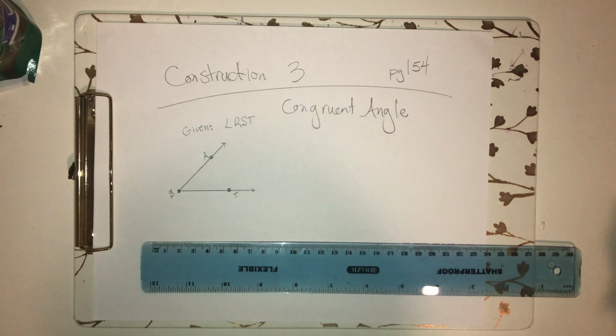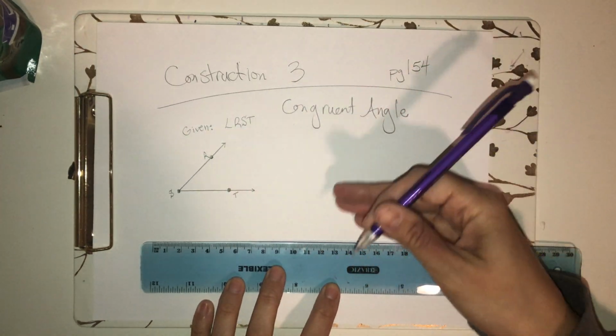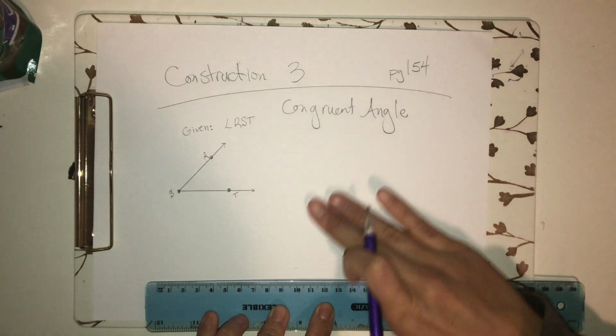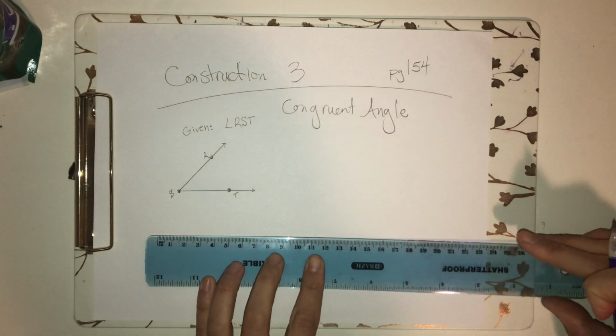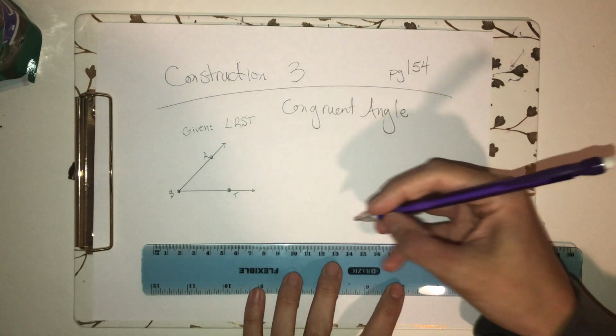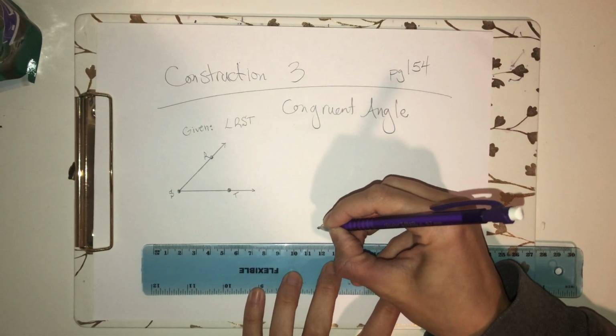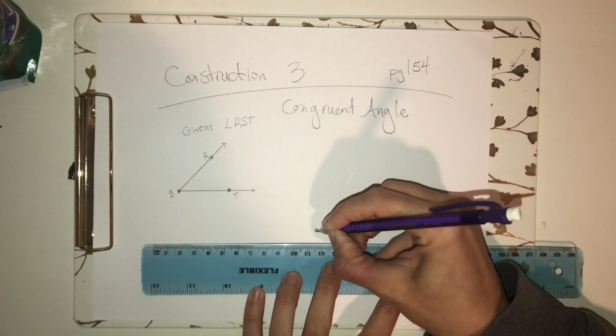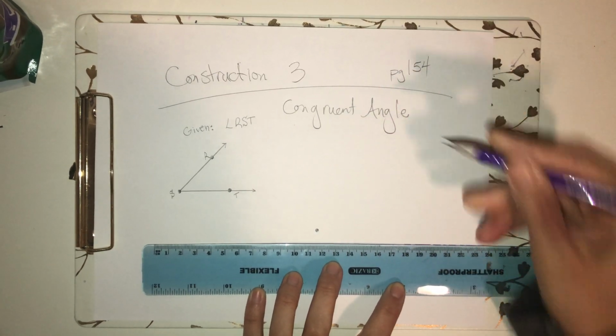But that's not necessary. The only thing that we need to do is, off to the side, I'm going to go ahead and use this area of my paper, excuse me, I couldn't find the word paper, to begin my congruent angle construction.